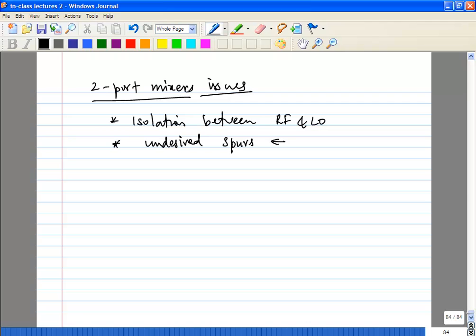You are using a nonlinearity to create this. Okay, so now let's move on and look at 3-port mixers. First we'll look at what are called multiplier based mixers.